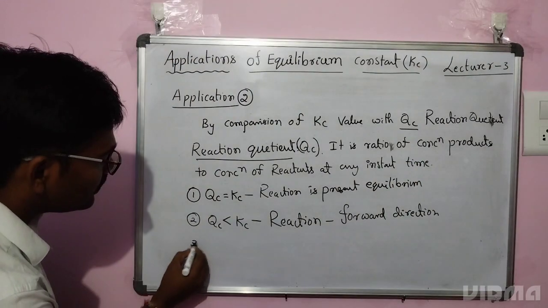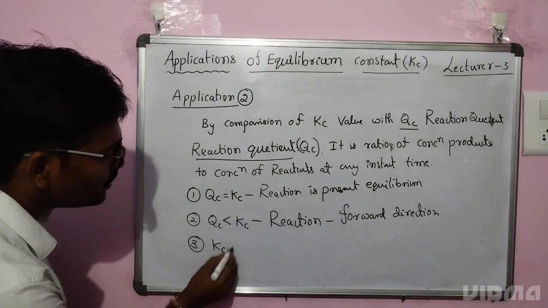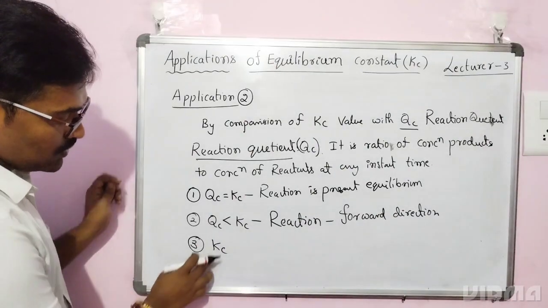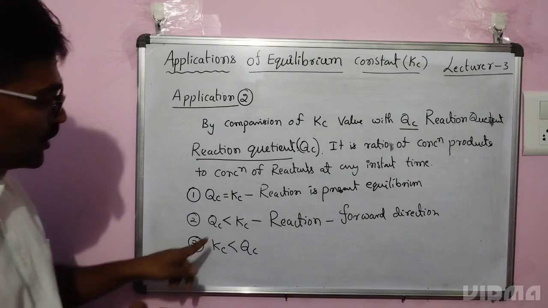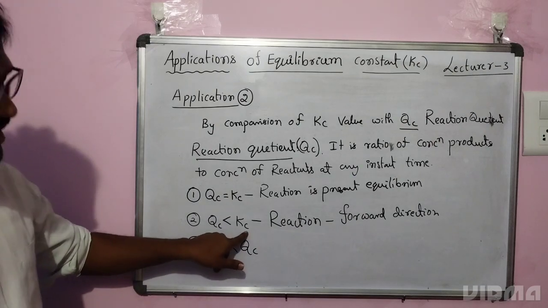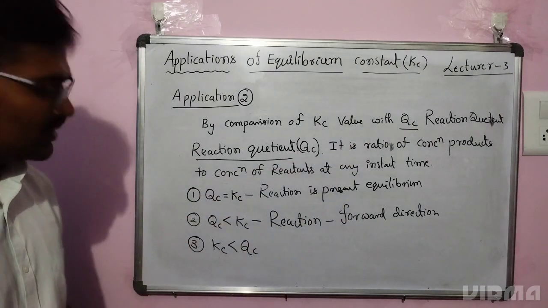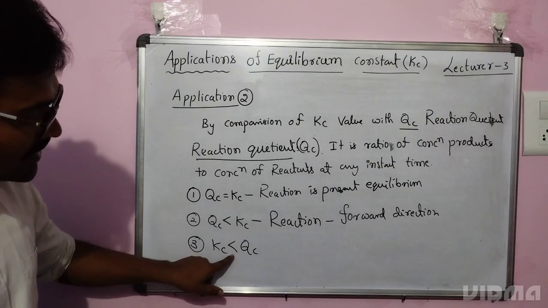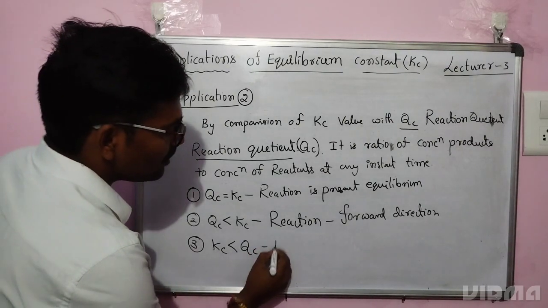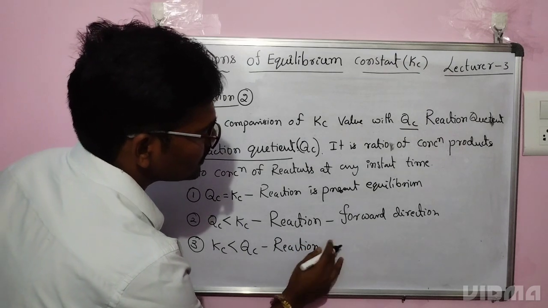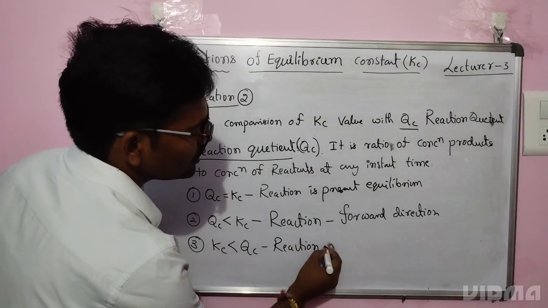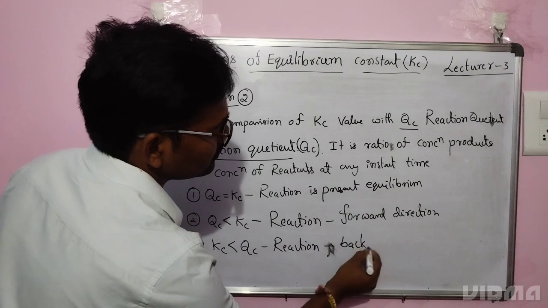Then third one, when Kc values are less than that of Qc, then the reaction proceeds in the backward direction.